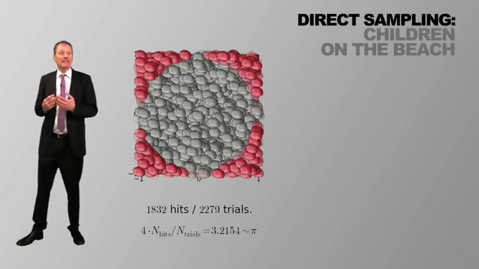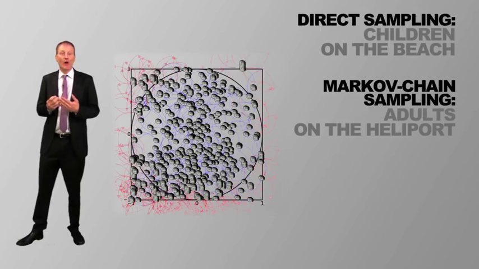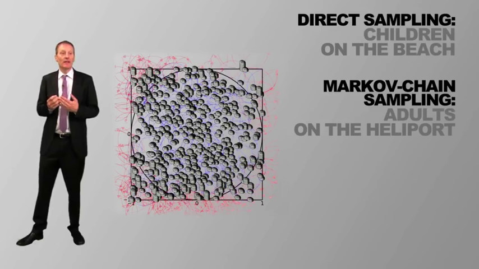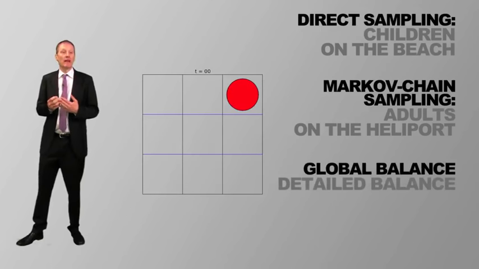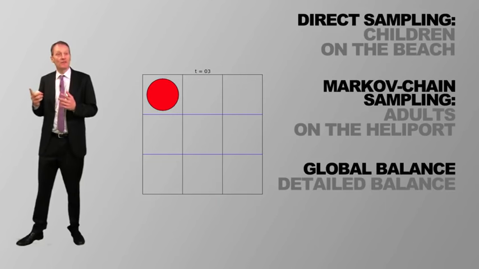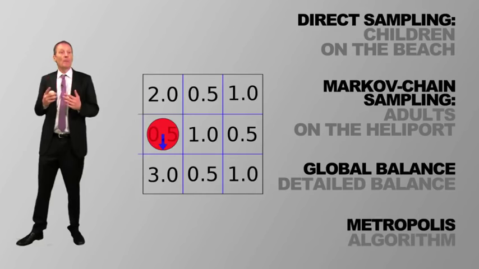To understand Markov chain sampling, we took to a discretized version of the heliport, namely the 3x3 pebble game, in its homogeneous version and the inhomogeneous version that was governed by the Metropolis acceptance probability.